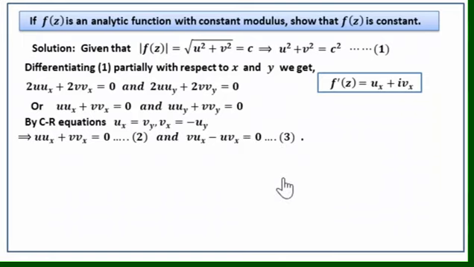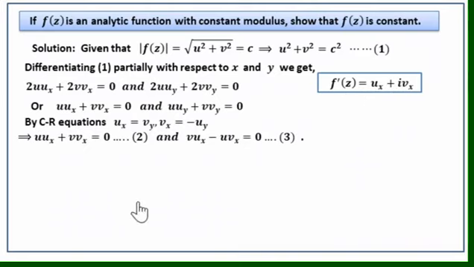Next, we are going to solve for ux and vx from equations 2 and 3, because here we have f dash of z equal to ux plus ivx, and we need to prove that ux equal to 0 and vx equal to 0. If ux is 0 and vx is 0, f dash of z becomes 0 plus 0i, that is 0. Integrating, we get f of z equal to constant.